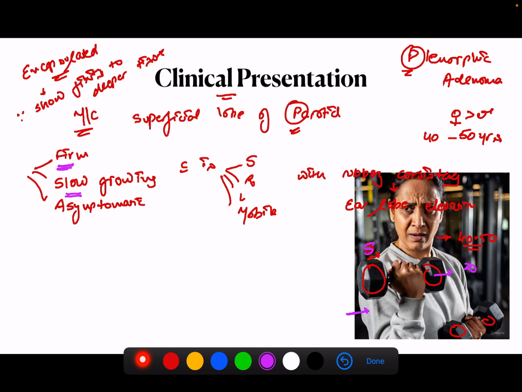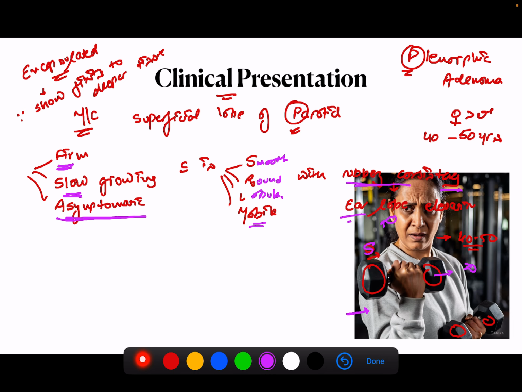So firm, slow growing, and she won't develop any diseases further. So the swelling will be asymptomatic. Also, this process is smooth, and she's having a round or lobulated face, and she is able to move. So mobile with rubbery consistency. Her hair ties signify rubbery consistency. Also, the earrings or ear lobule elevation is seen.